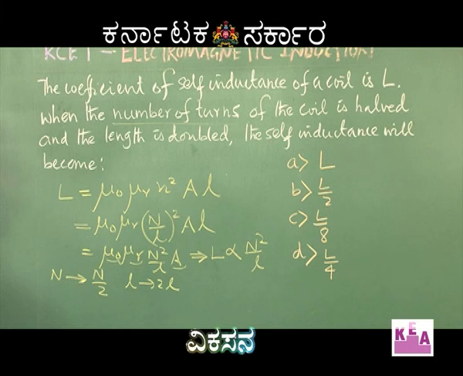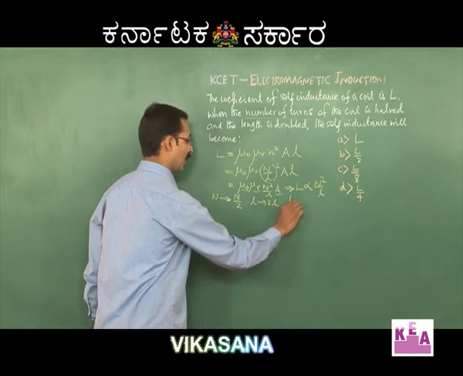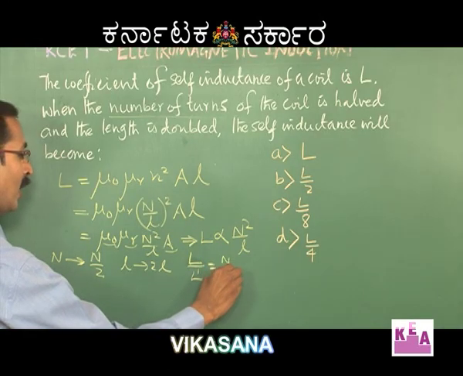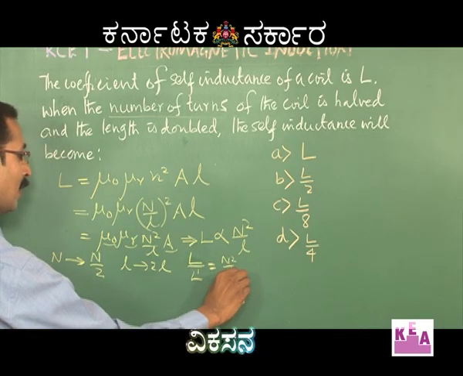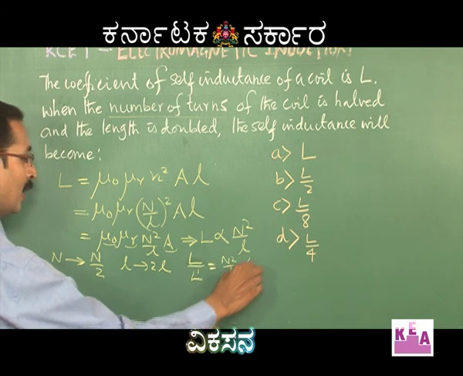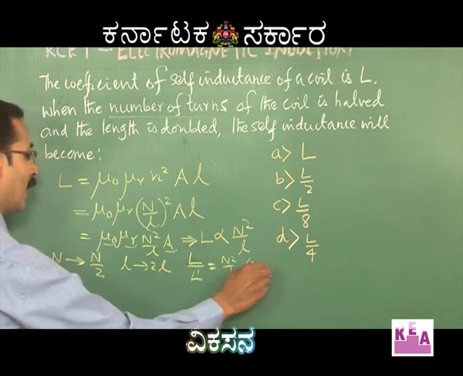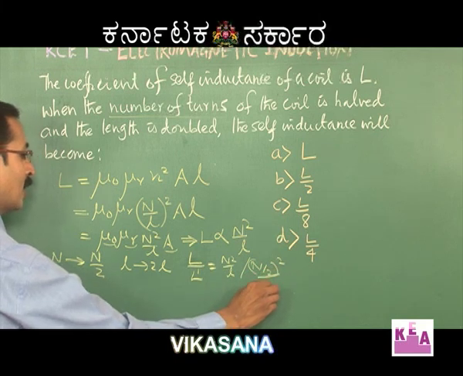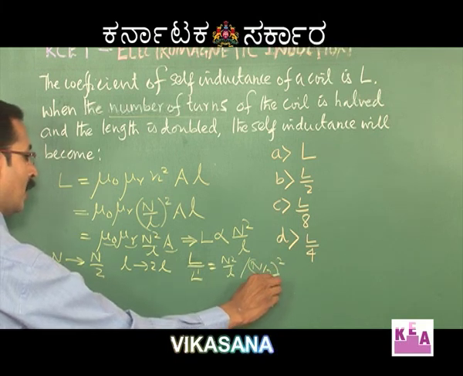The old self-inductance divided by the new self-inductance is equal to old N square by L divided by new N square by L. New N is N by 2 whole square divided by 2L.